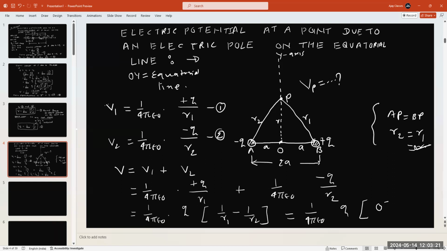And the whole formula becomes 0. This is your required answer: the potential at any point on the equatorial line is zero. This is our purpose.